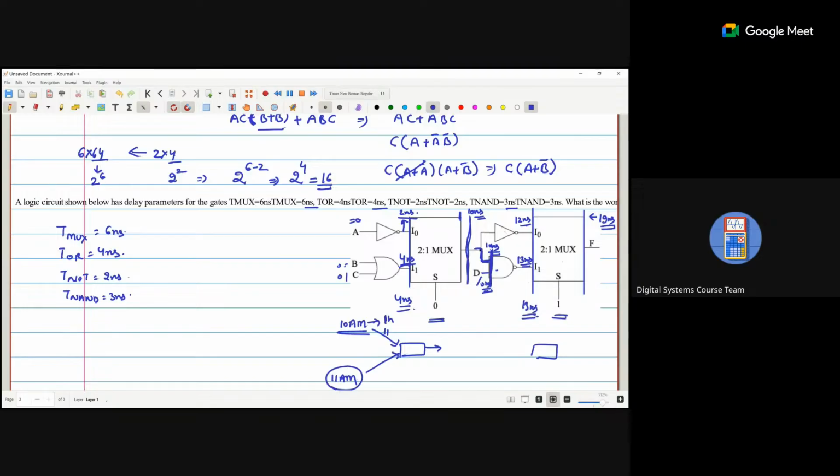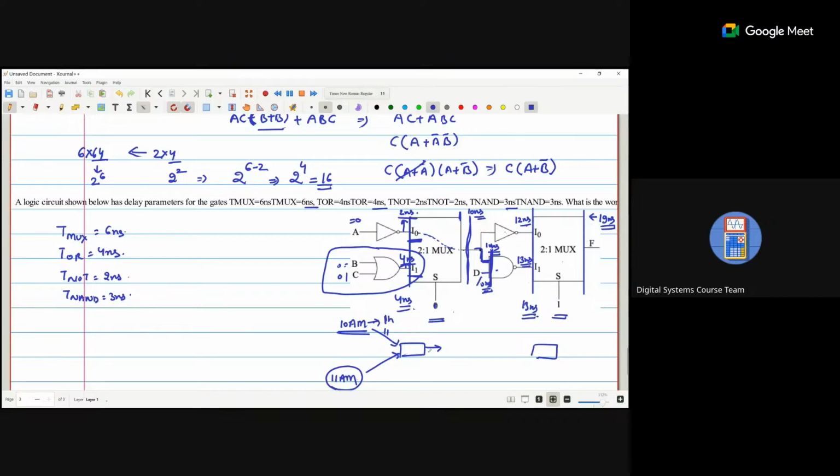If the select line is 0, then the other input is not connected to the output. So if it arrives at 4 nanoseconds, there is no use of that. So when the valid input is applied, I0 will be applied at 2 nanoseconds, and it will move directly when S is 0. Okay, sir. So no need to wait for I1.